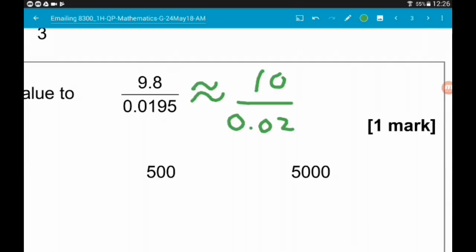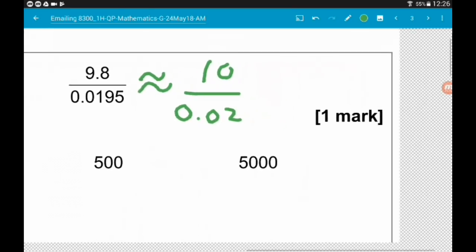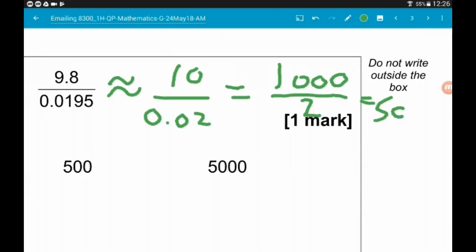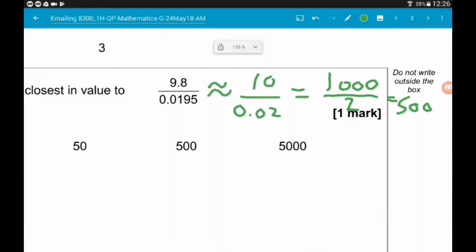Now, dividing by 0.02 isn't the nicest, so what we can do is multiply the top and bottom by 100, and then that's going to give us 1000 divided by 2. So that gives us an answer of 500. So it's roughly equal to 500. That's our guy.